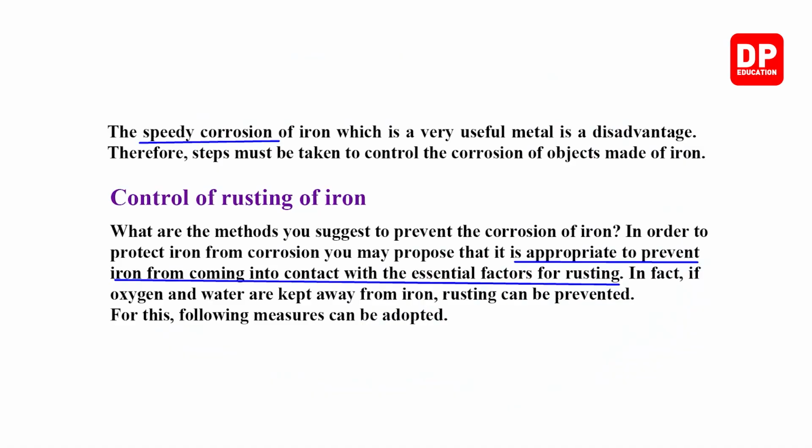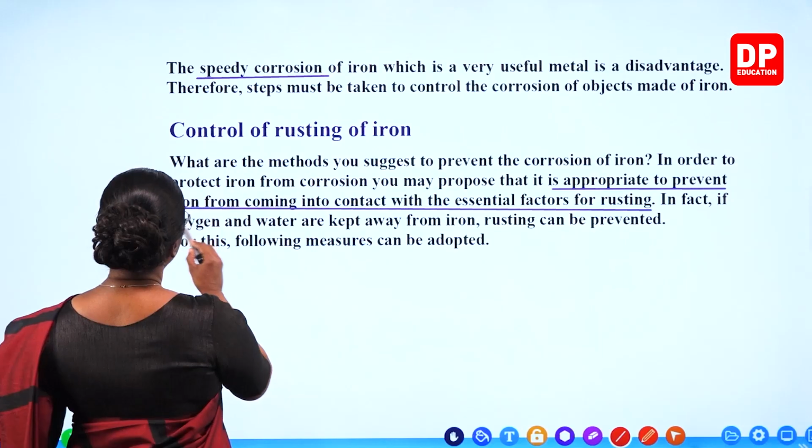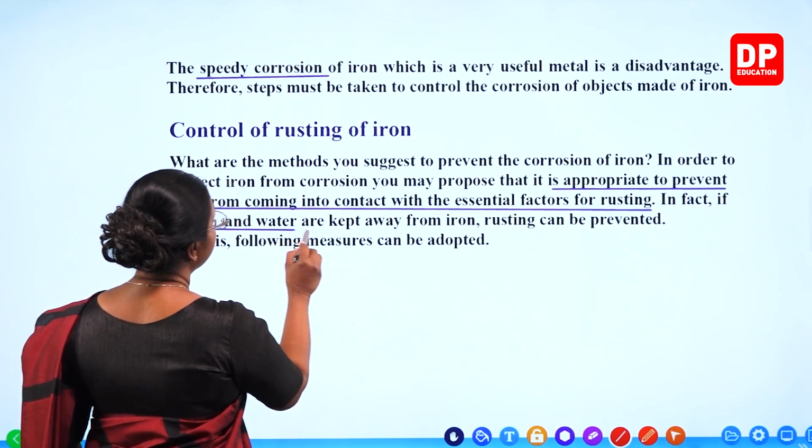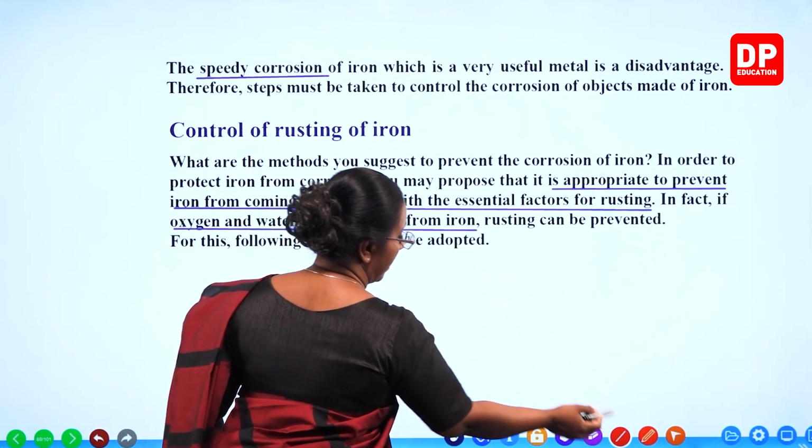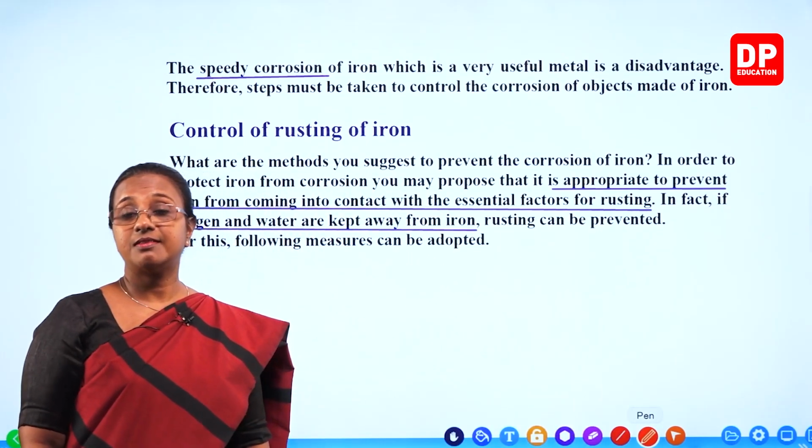In fact, if oxygen and water are kept away from iron, rusting can be prevented. For this, the following measures can be adopted.